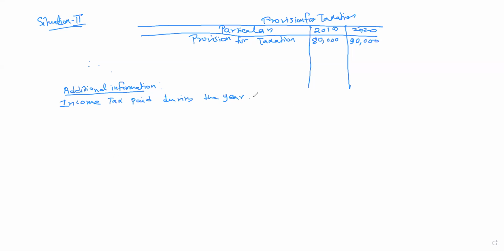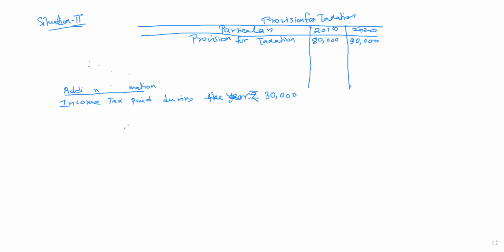Income tax paid during the year, rupees, let's say 80,000, to balance 30,000. So now understand.